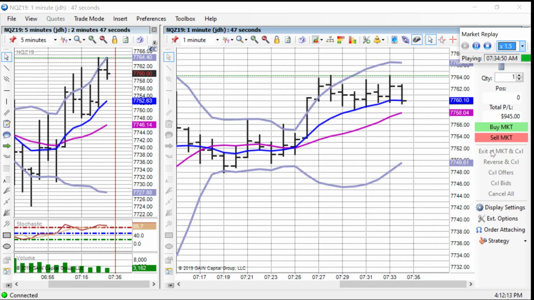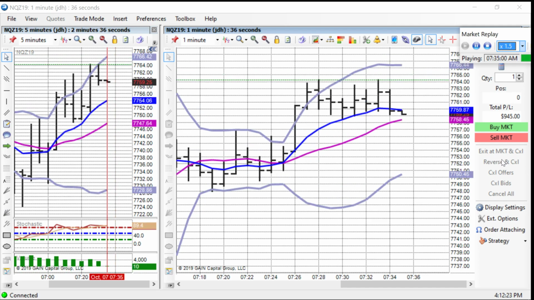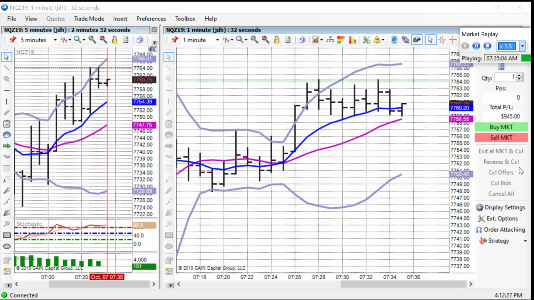So if you get into trouble, these are the reverse and cancel buttons. The last thing you want to rely on, but only used in a rare situation where you know for sure you were absolutely wrong on the market direction, because you can get into trouble with that button right there.